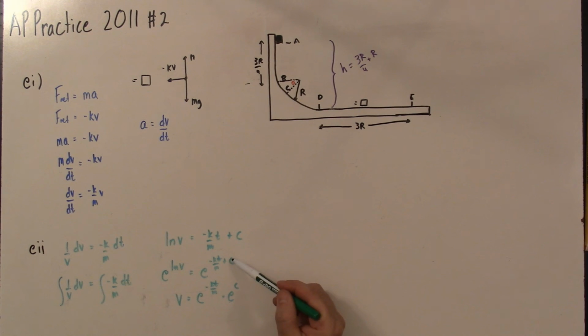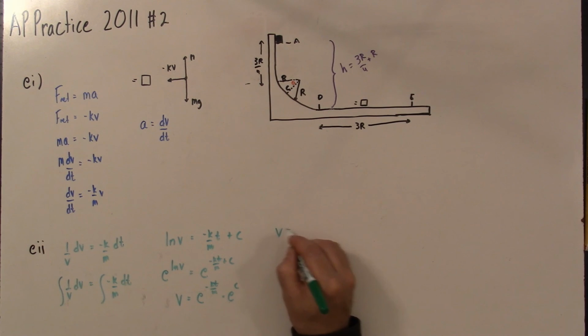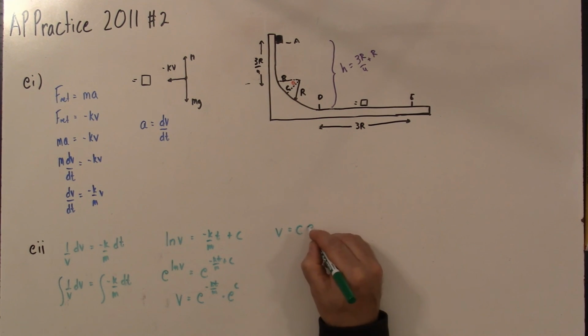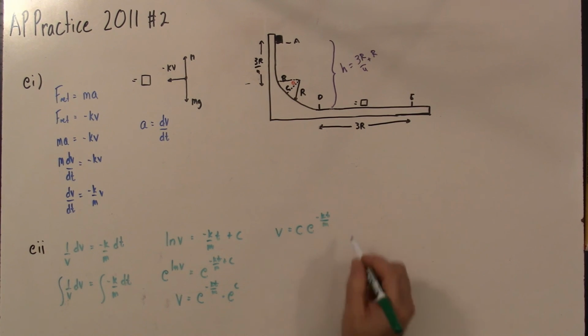Here we were adding the powers together, but now I brought it back the other direction, so I'm multiplying the bases. The funny thing is that e raised to the c is just a constant. So when I rewrite this, I'm going to take this as a new constant times e raised to the negative kt over m.